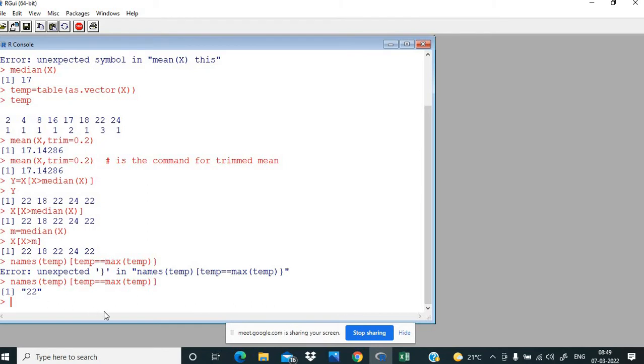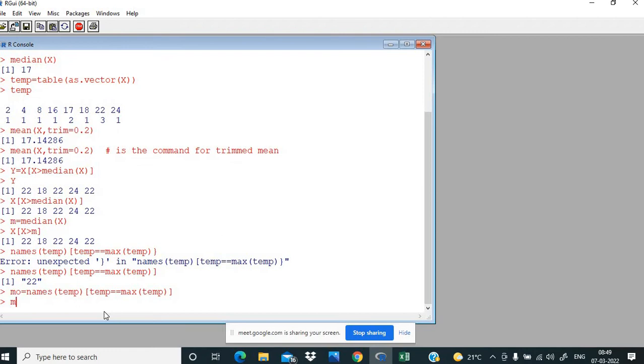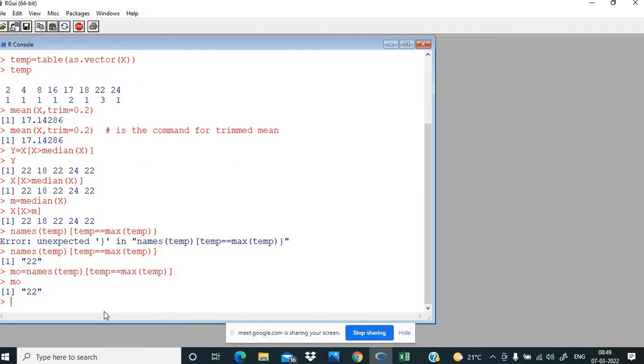Suppose I give a name, let me call this MO, and I give equal to and press enter. So MO is computed. Now I type in MO, I get the value. MO is not a number, it's a character. Mode is given, but mode is working like a character, because I have used the names command. So names command actually converts the number as a name, and hence this is happening.